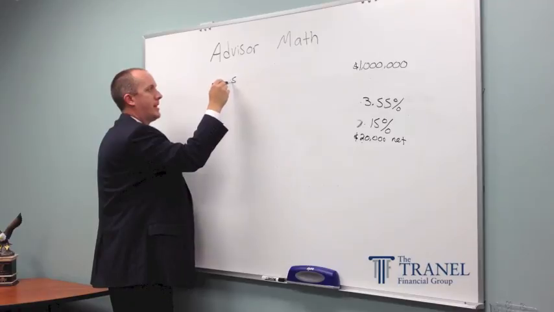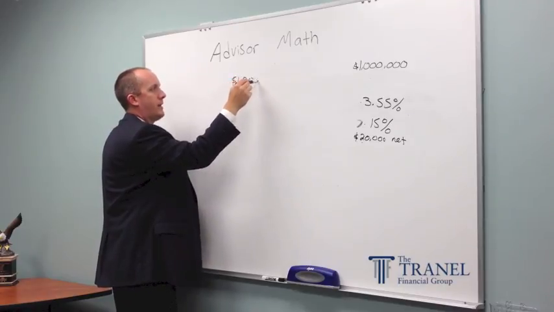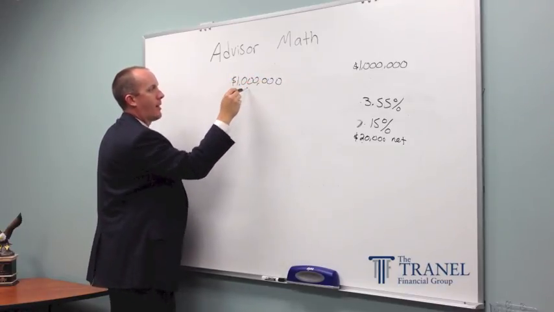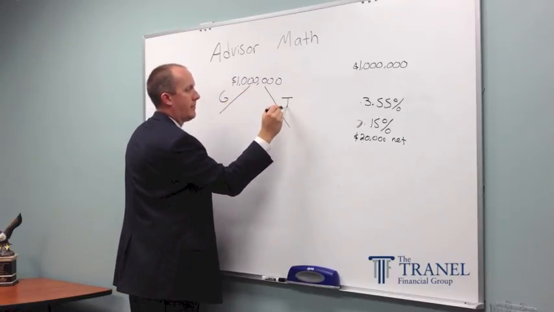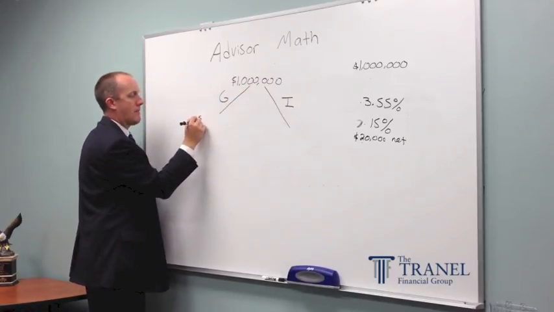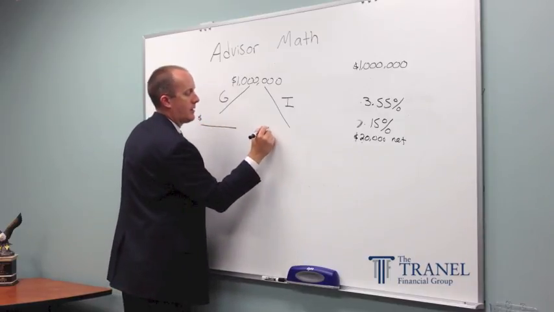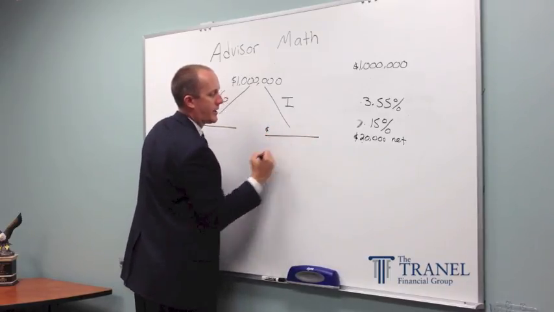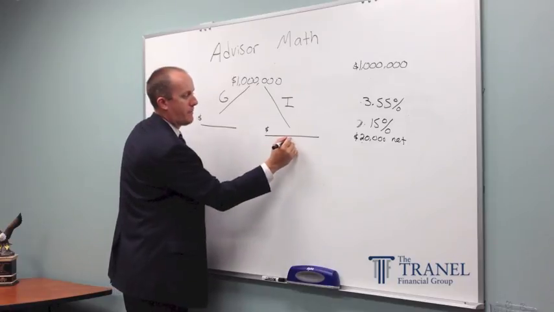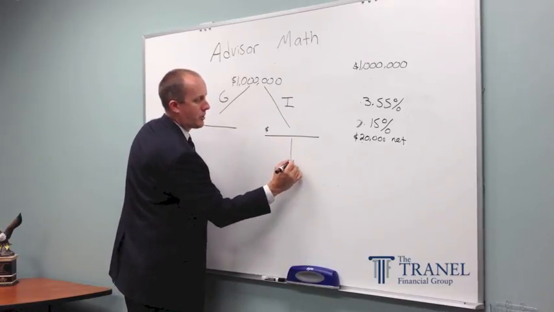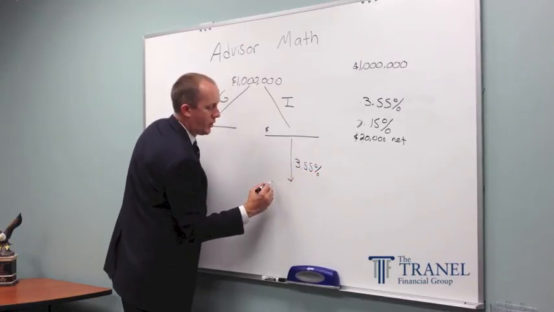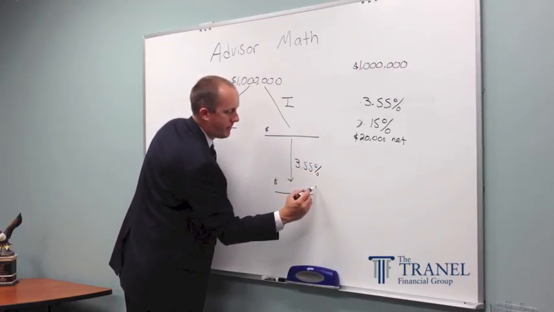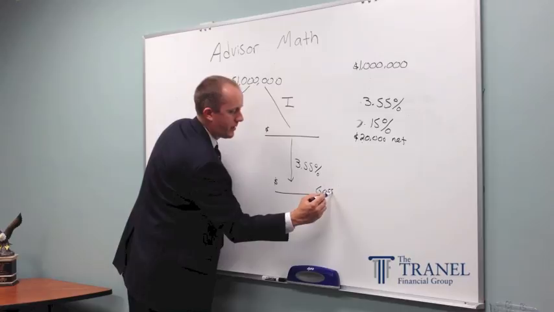Simply what's happening here is we've got a $1 million nest egg that we're going to divide into growth and income. There's going to be a certain amount of money that goes over here, another amount of money that goes over there. From this bucket, they're going to withdraw a 3.55% income stream, which will gross them this much money.